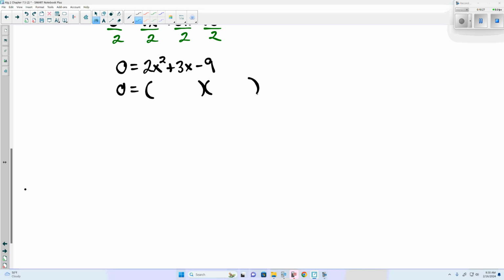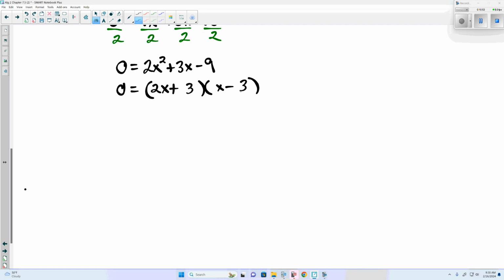Now, looking at this here, since our third term's negative, our signs are opposite, positive, negative. Factors of 2x squared, 2x and x. I'm guessing we'll just put the 2 in the first spot. Factors of 9, 1 and 9 or 3 and 3. Which one do we want to try first? 3 and 3.